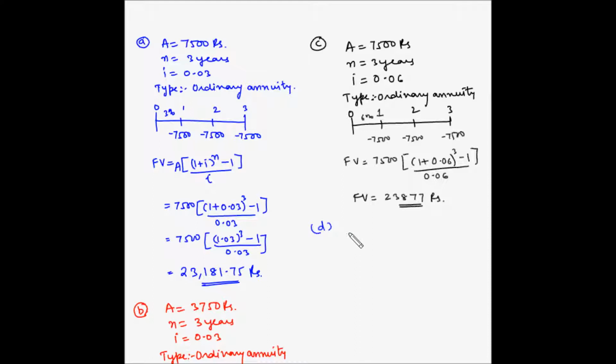Now part D says that if you deposit rupees 7,500 at the beginning of each of the next 3 years in a bank account that pays 3% interest, how much will you have at the end of the 3-year period?